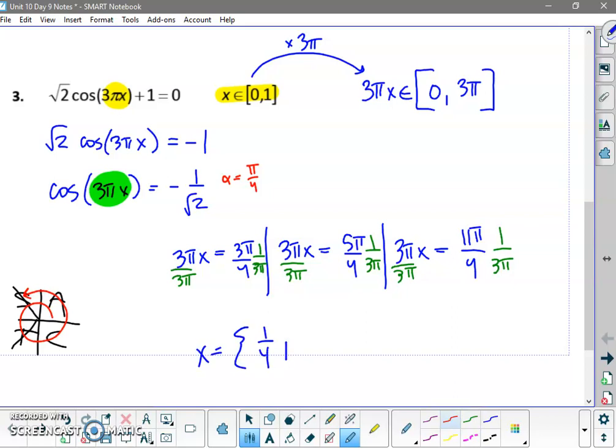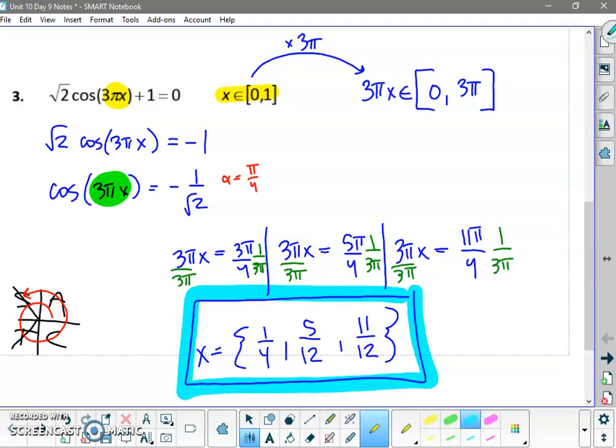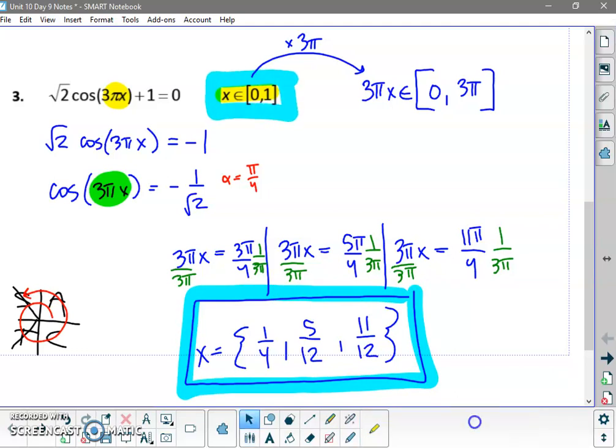Right here the pi's cancel, so I've got 5 over 12. And lastly, the pi's cancel, I'm going to have 11 over 12. Now, when you get done, one thing you should notice is that all of these values should be within this original interval. And they are, so we know we've done it correctly.